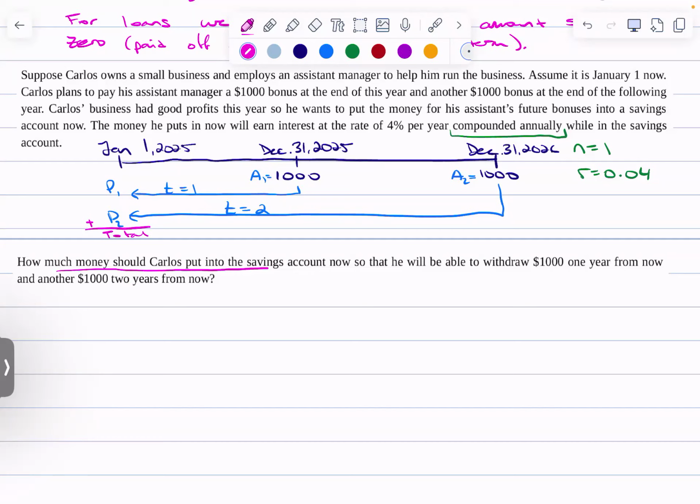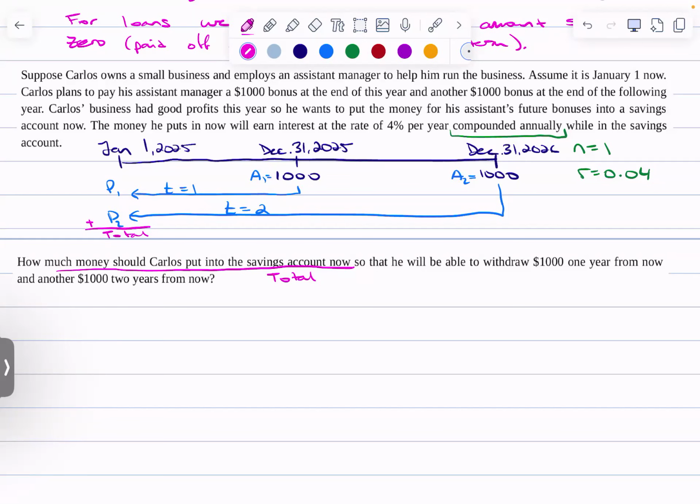How much money should be put into the savings account now? P1 is going to need to be slightly larger than P2, because P2, whatever it is, sits for longer but has to grow to the same amount. So it has longer to grow to $1,000.